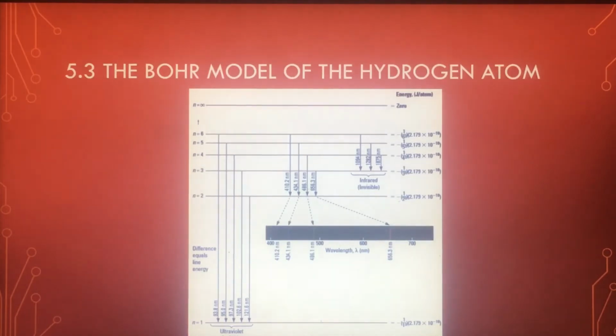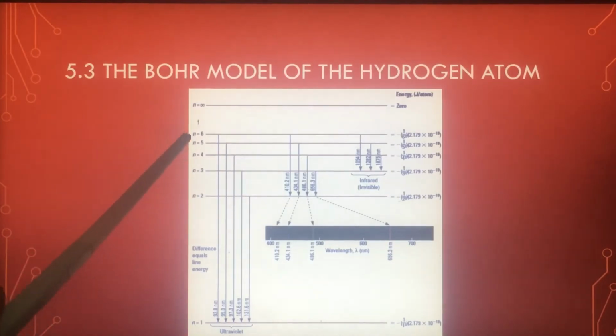In these energy levels, we find the electrons. We cannot find electrons between them, since from this energy level to this one is a quantized energy. Okay, so for example, we have an electron going from the sixth energy level to the first energy level.